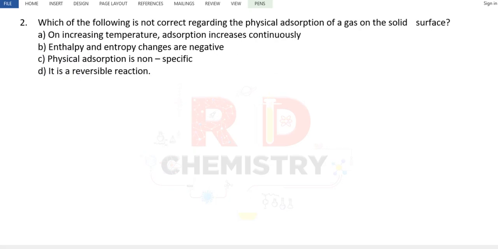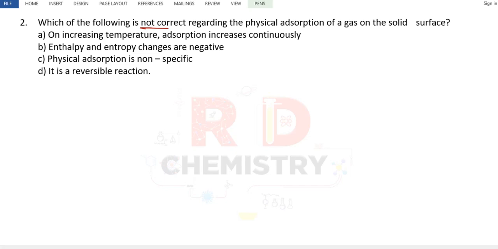Question number 2. Which of the following is not correct regarding physical adsorption of gas on solid surface? We'll see option A. On increasing temperature, adsorption increases continuously. What will happen when you increase the temperature? Between the molecules and the solid surface, the van der Waals force of attraction decreases.